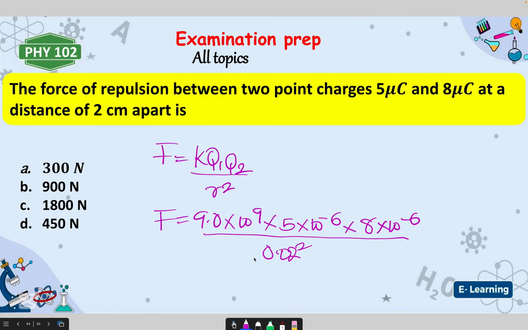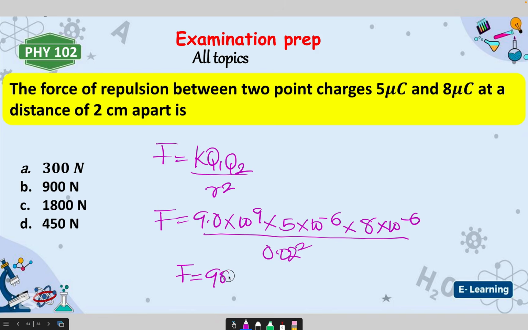So punch this in your calculator and you get your answer directly. So 9 times 10 to the power of 9, times 5 times 10 to the power of minus 6, times 8 times 10 to the power of minus 6, divided by 0.02 squared, which will be 900.